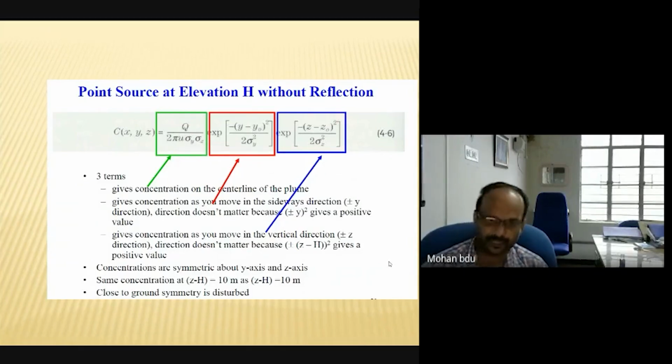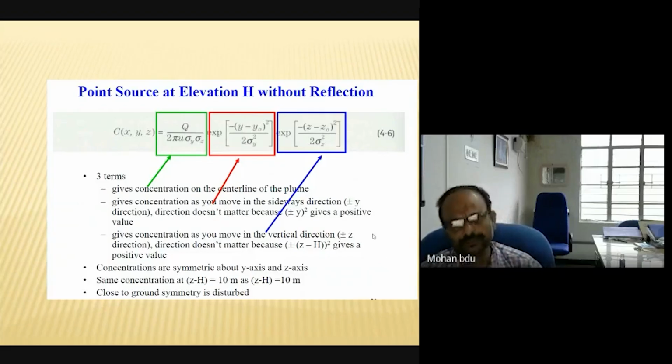If you take a cross section of the plume, the center part of the plume will have the highest concentration of the pollutants, and this gets dispersed vertically and horizontally. So this particular equation predicts the concentration at the center line of the plume at a given point X. Whereas as you move sideways, that is the Y direction, actually the direction doesn't matter.